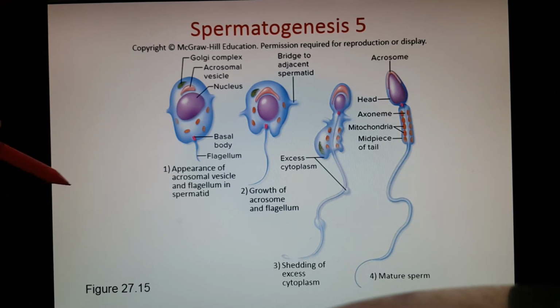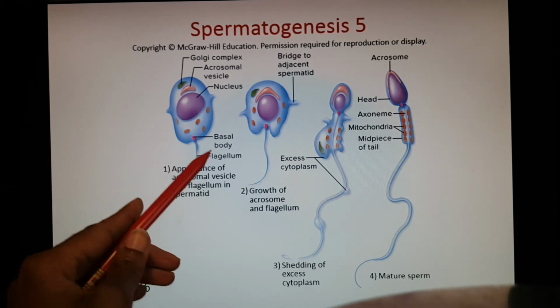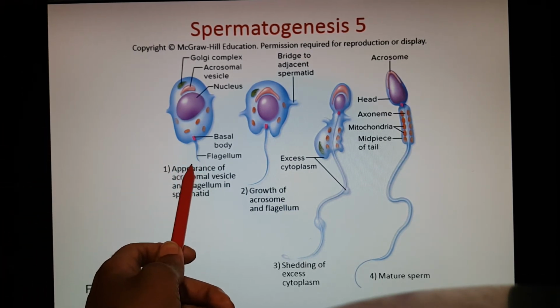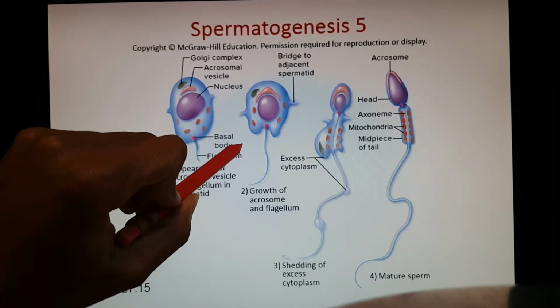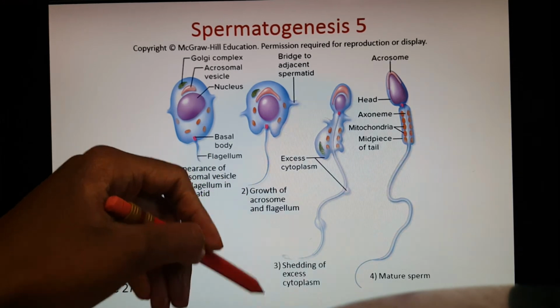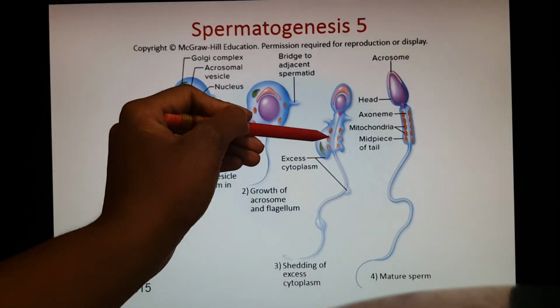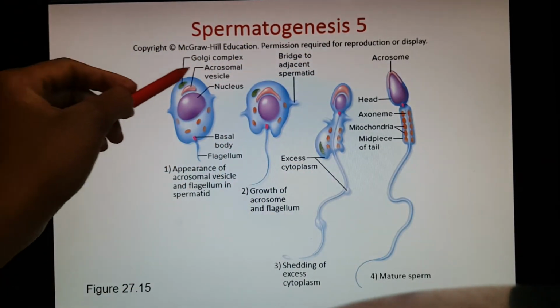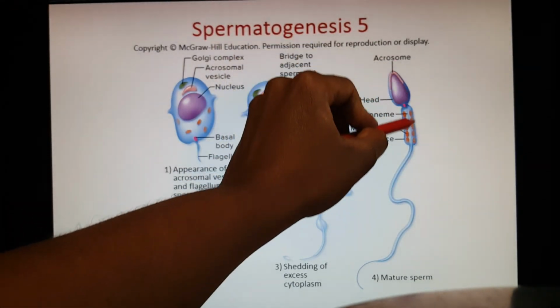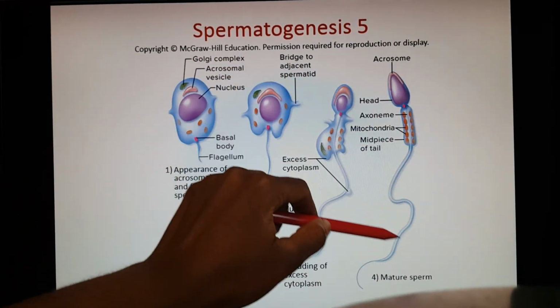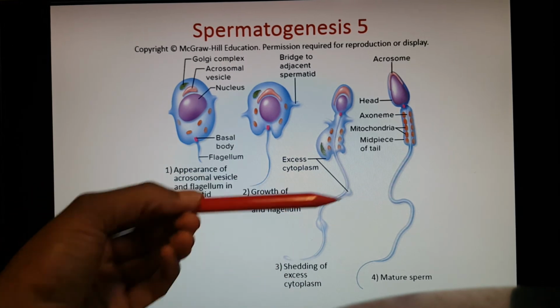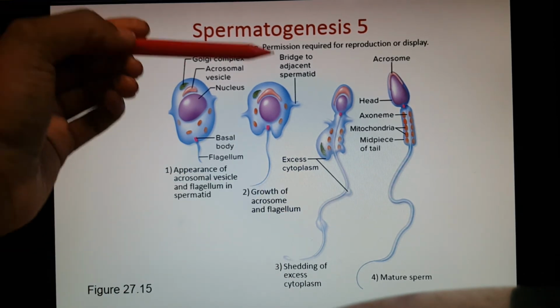Through these processes, there's a little bit of flagellum at this stage, and then your cell starts rearranging some of its parts, getting rid of excess cytoplasm, so going from this big fluffy cell to a nice, more smooth, more aerodynamic type of cell, which makes it easier to swim.